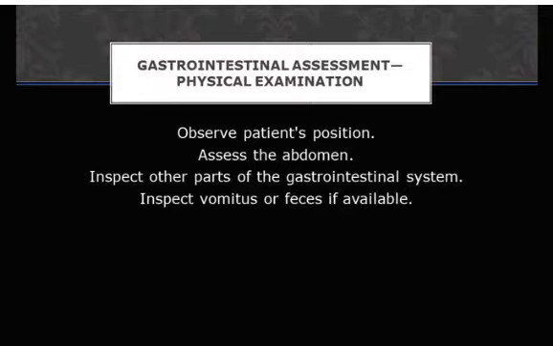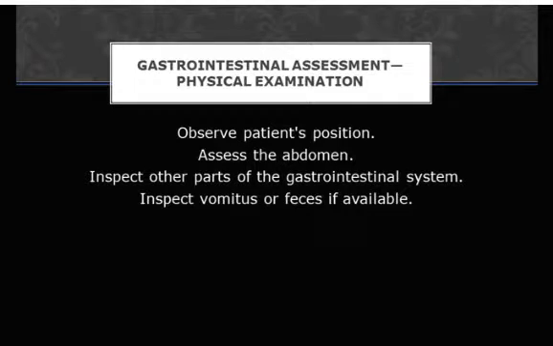Okay, we're also going to look at the abdomen and see, is it normal, or is one side of it bigger than the other? Does it look swollen? Does it look distended? So we're going to look at other parts of the gastrointestinal system, and a lot of that we're going to ask. Some things like hemorrhoids we could visualize specifically, but the rest of it's kind of inside. We're not going to be able to really inspect a lot of that.